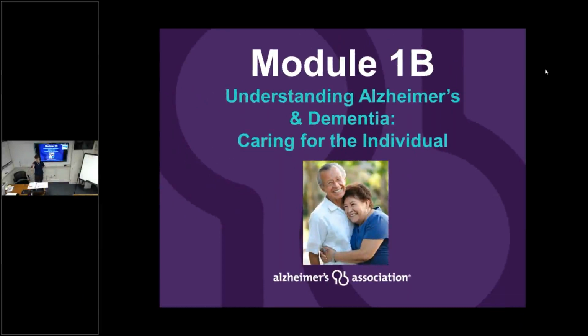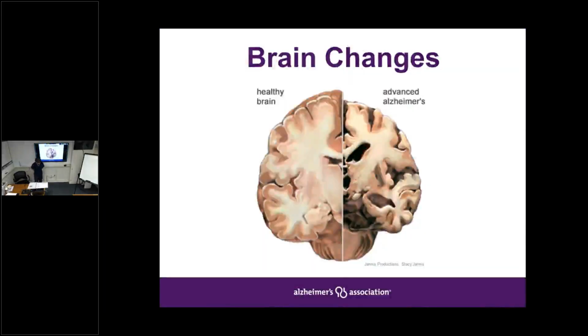Excellent. So we're going to continue with understanding Alzheimer's and dementia, caring for the individual. And we're going to talk about some brain changes. So I want you to look at the differences in this picture, the healthy brain versus the advanced Alzheimer's brain. There'll be numerous things that you'll notice. Probably the thing that strikes you first is the size of the brain tissue.